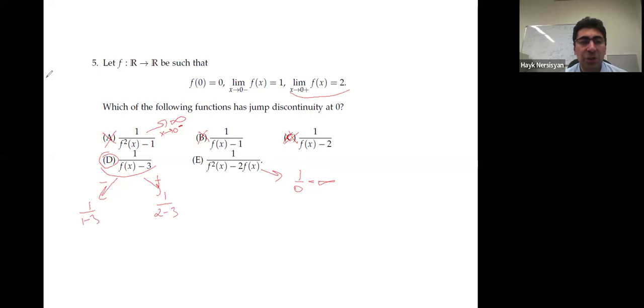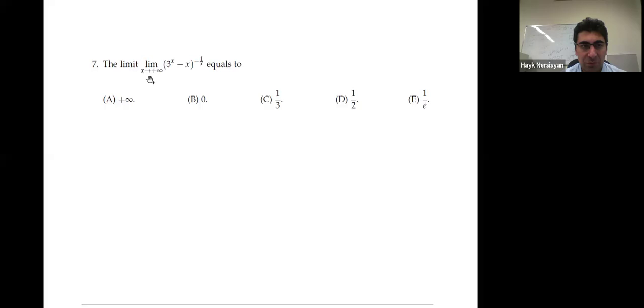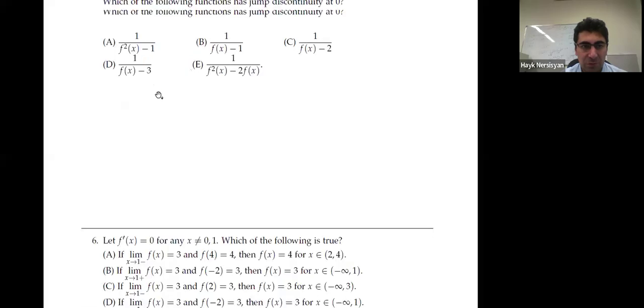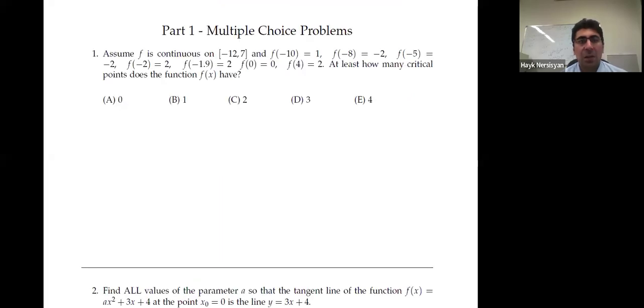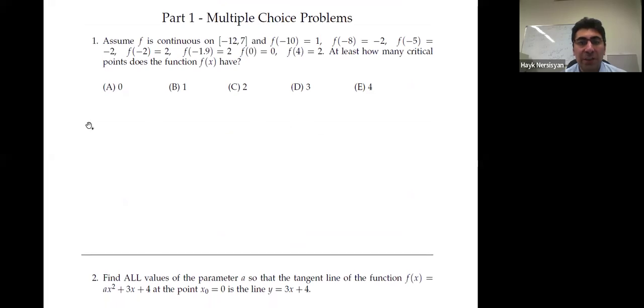Now, okay. Let me go to the first question. f is a continuous function, and we know that it has the following values. f at -10 is 1.